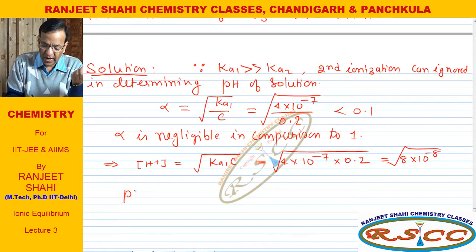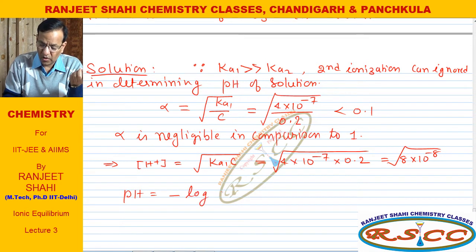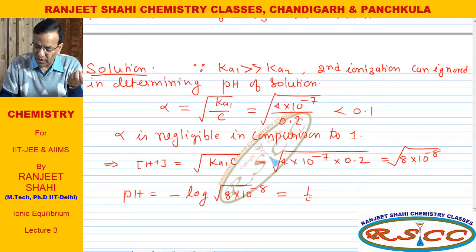So pH will be equal to negative log of root under 8 into 10 raised to the power minus 8. So root will come out as 1 by 2 inside the bracket, negative log 8, negative log 10 raised to the power minus 8. So it will be 8 minus log of 8.